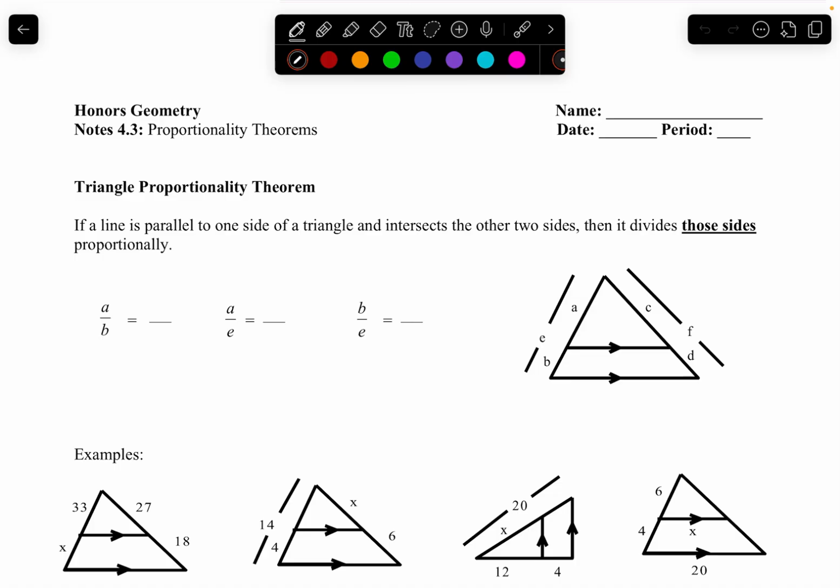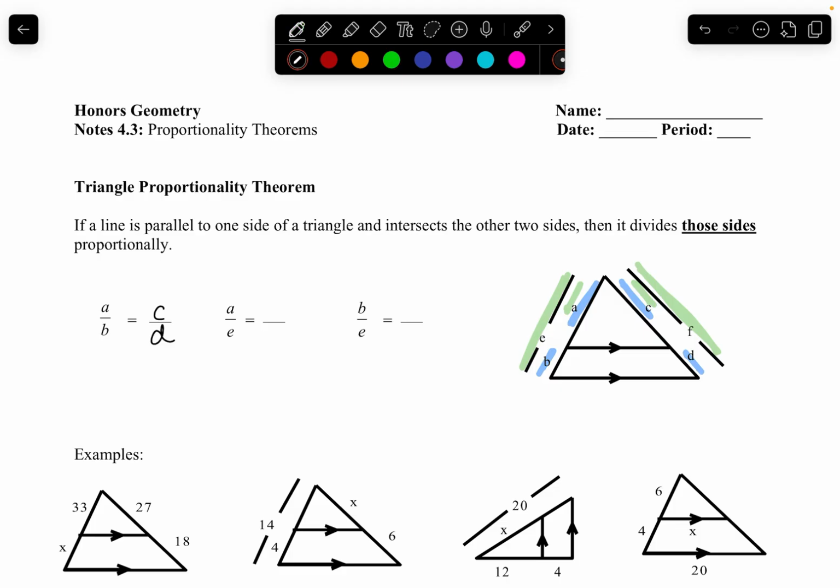So the way that the proportionality theorem works is they're saying that A over B will equal C over D, which is kind of nice. All right, then we have A over E. So this small piece over this big piece will equal C over F. So notice that whatever parts of the triangle I'm grabbing, they're going to be proportional to the other corresponding parts.